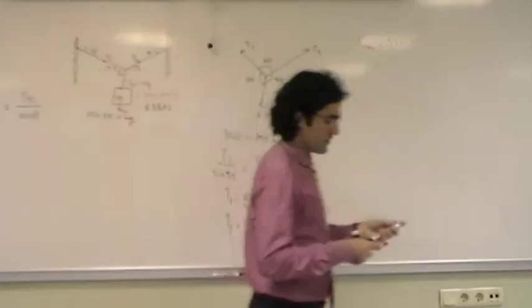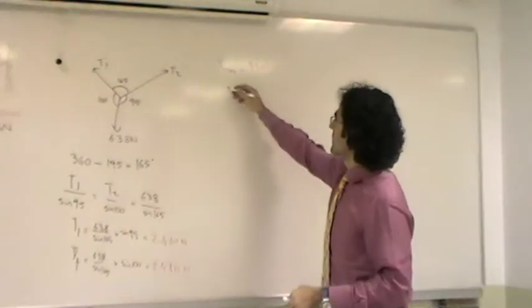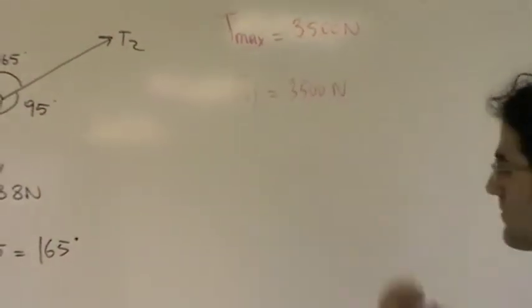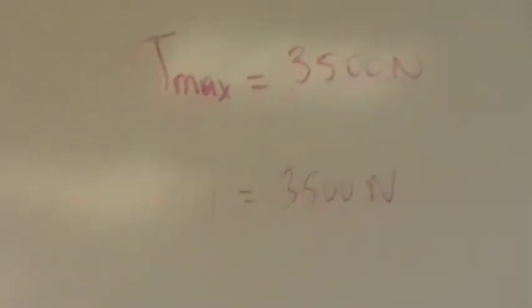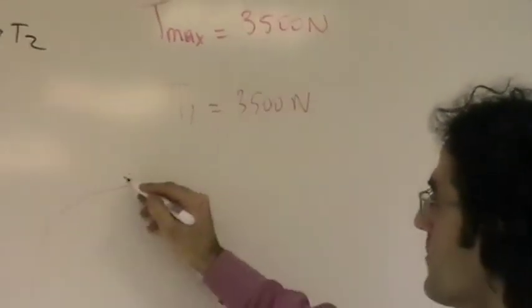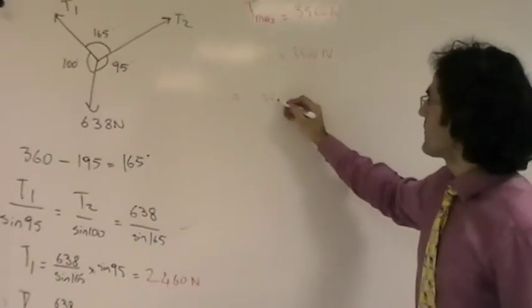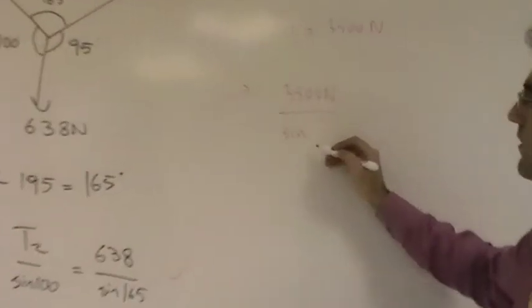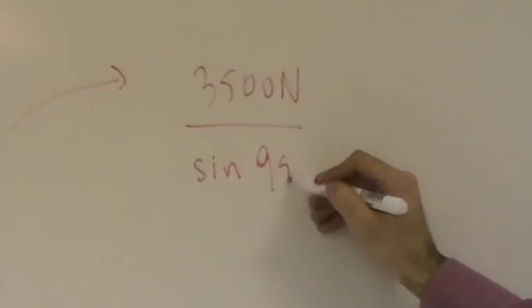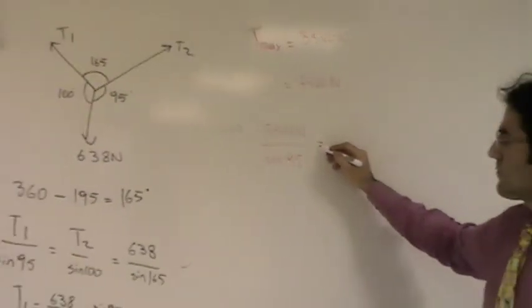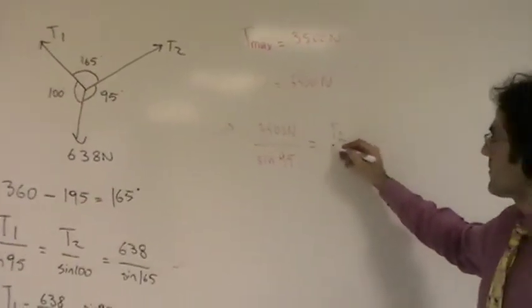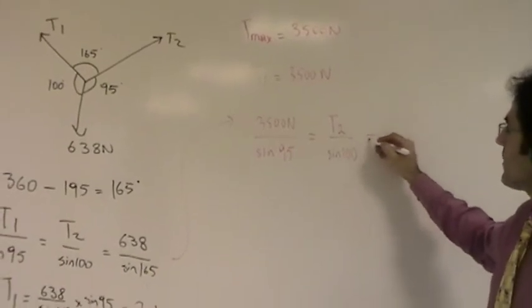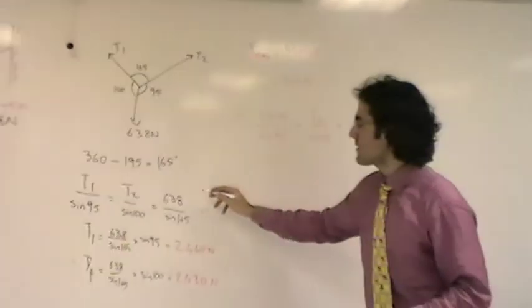So I'm going to write down T1 has to be 3,500 newtons. I'm using the same theorem over here. 3,500 newtons divided by sine of 95, angles stay the same, will be equal to T2 divided by sine of this angle, which I don't need. I am trying to find the maximum weight.